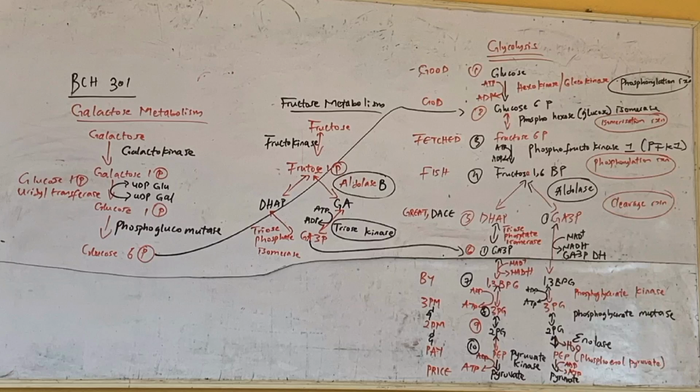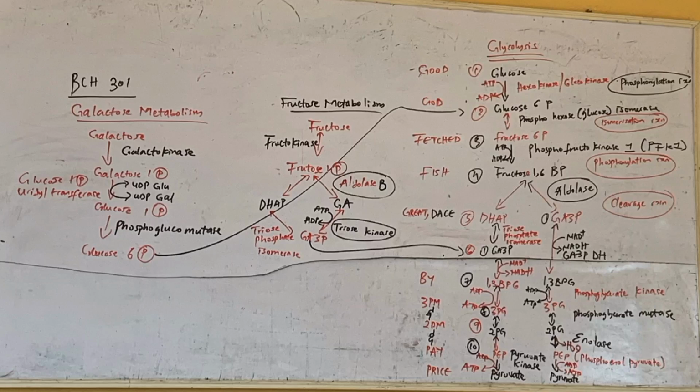All right. Now let's look at the mnemonic for glycolysis. So for glycolysis, it is: Good God fetched fish, great days by 3 p.m. and 2 p.m. and pay price.